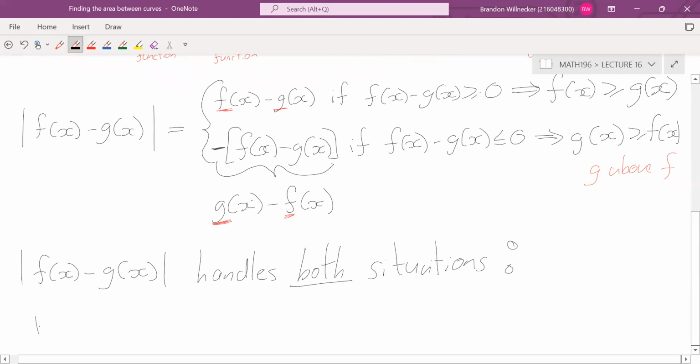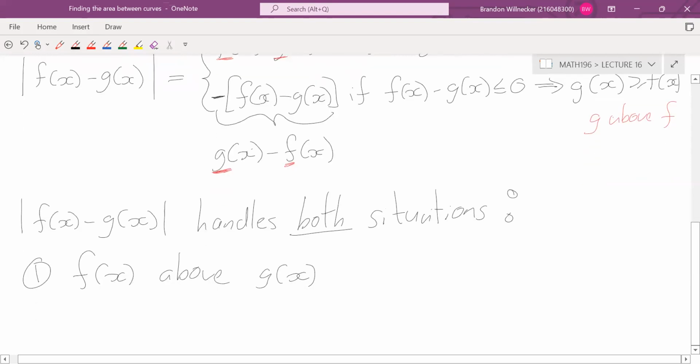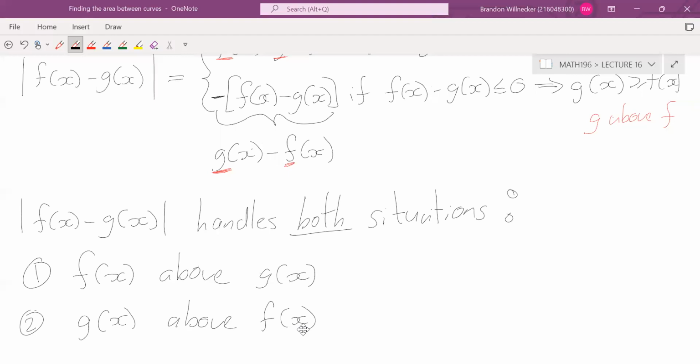Okay, and what are they? Number one, where f of x is above g of x. And number two, where g of x is above f of x. Okay. So in practice, we use the absolute value of f of x minus g of x instead of trying to work out which one is above which.